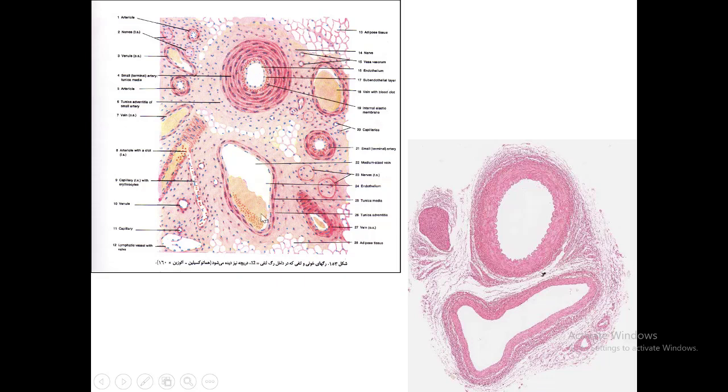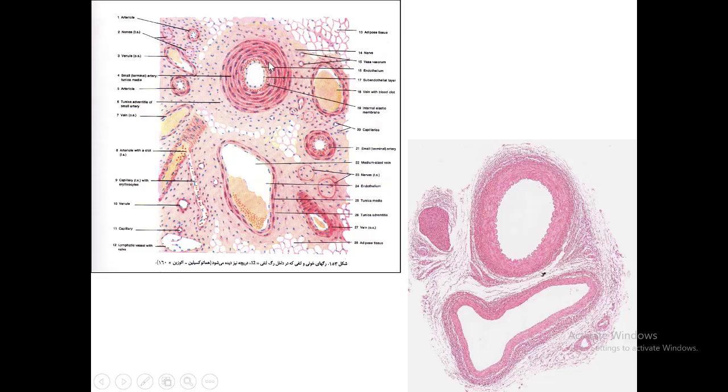Also, many times we have blood inside veins, so the lumen of the vein is irregular, and the wall is thinner.